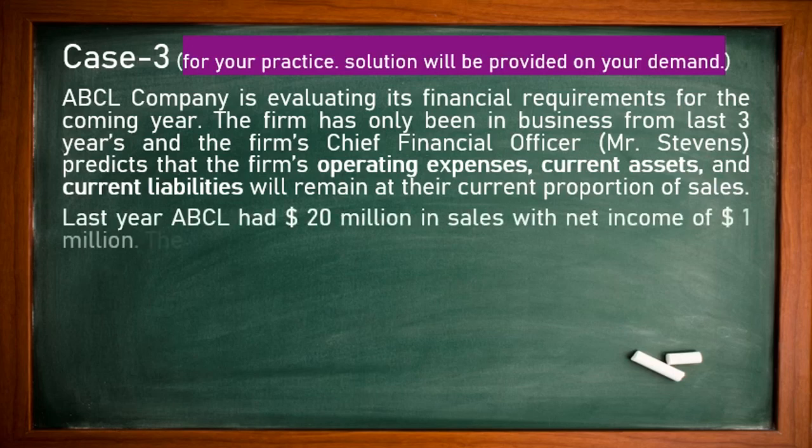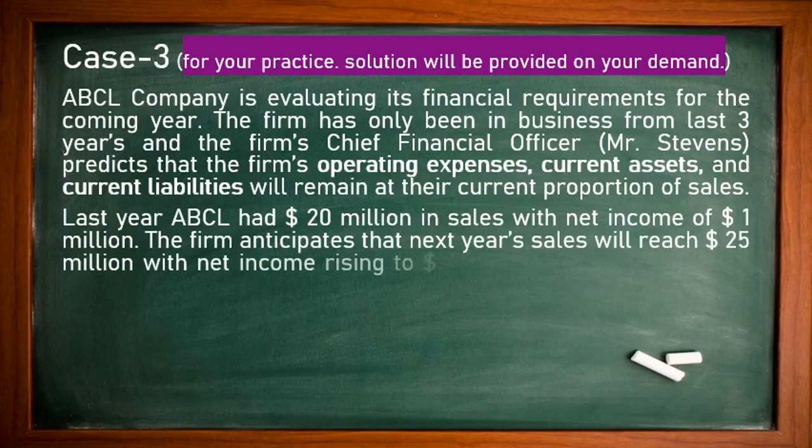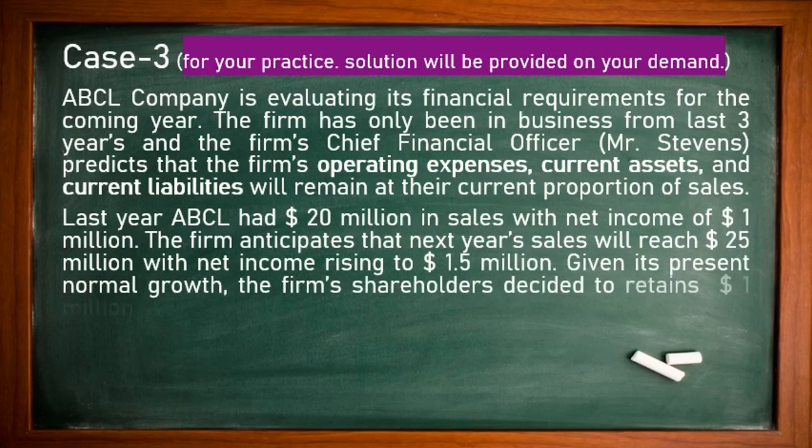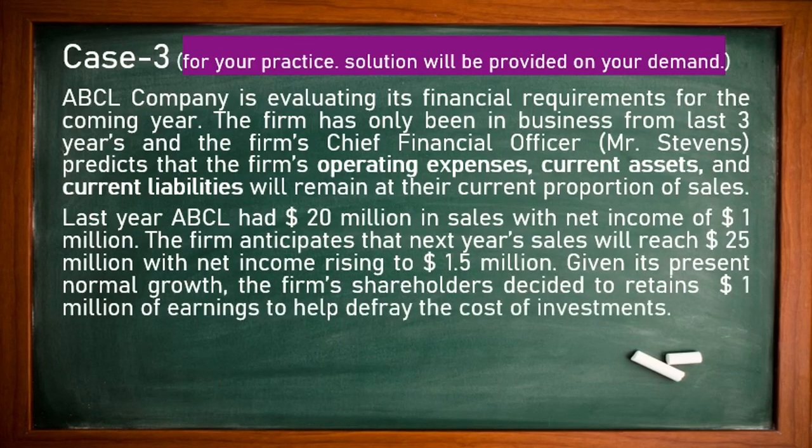Last year, ABCL had $20 million sale with net income of $1 million. The firm anticipates that next year's sale will reach $25 million with net income rising to $1.5 million. Given the present normal growth, the firm's shareholders decided to retain $1 million from the earning to help cover the cost of investment.